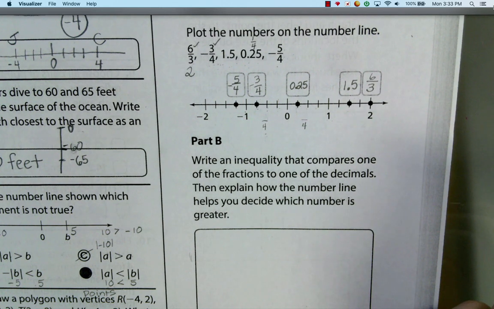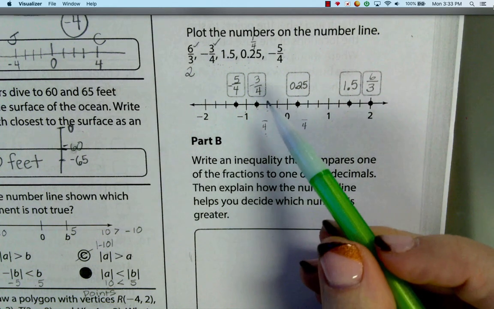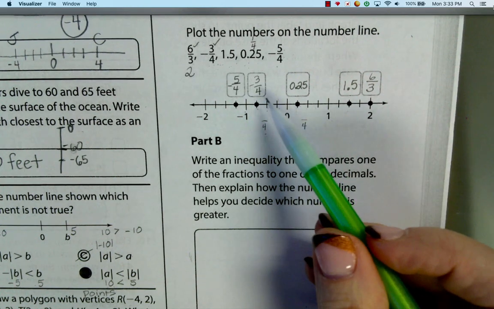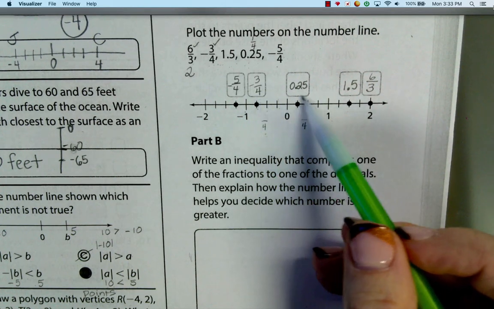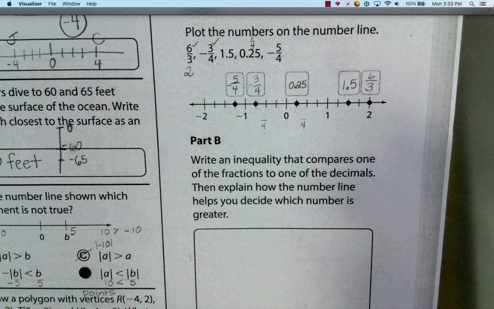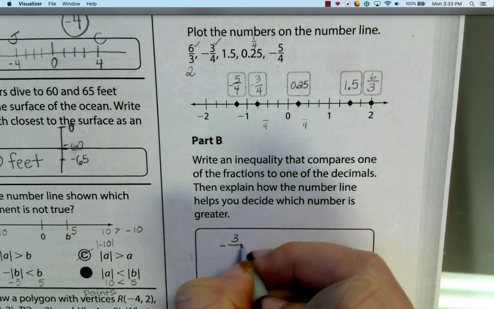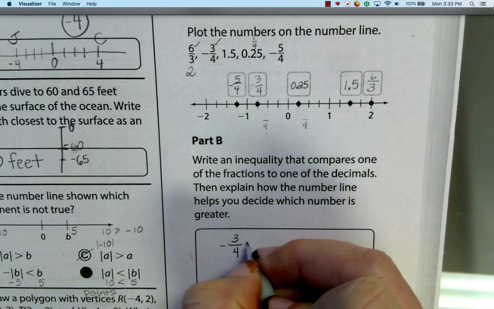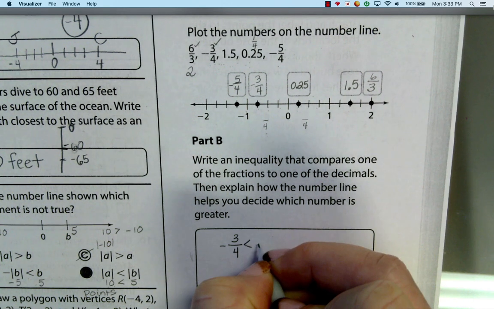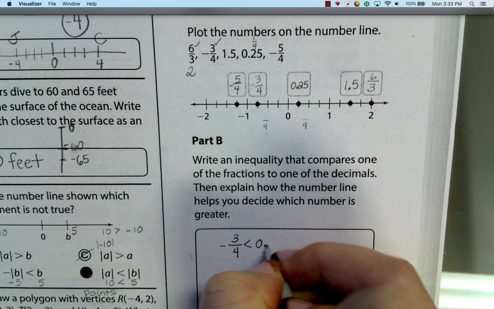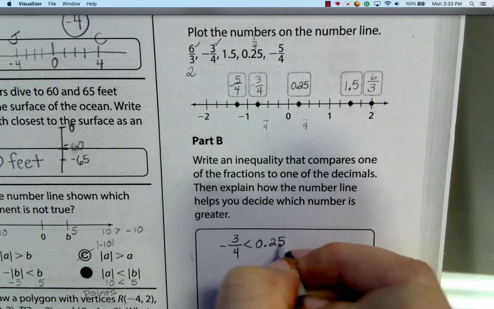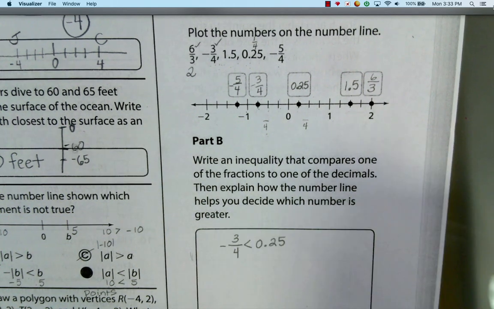So I would just look at what I have in my number line, and I see I have negative 3/4 and 25 hundredths. So I'm going to write my inequality, meaning negative 3/4 is less than 25 hundredths. Okay? And then explain how the number line helps you decide which number is greater.